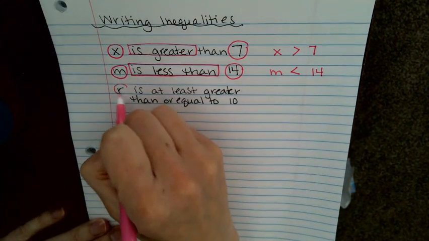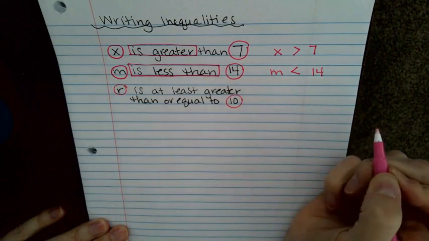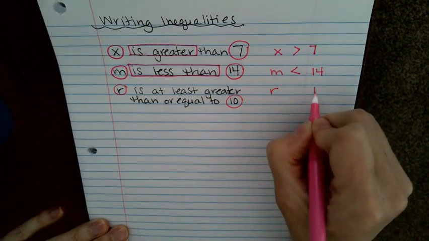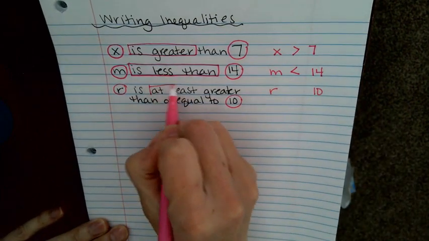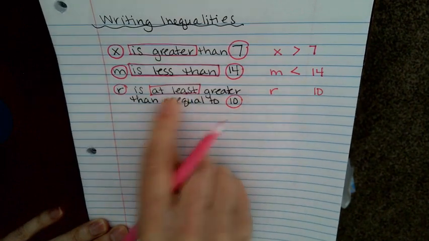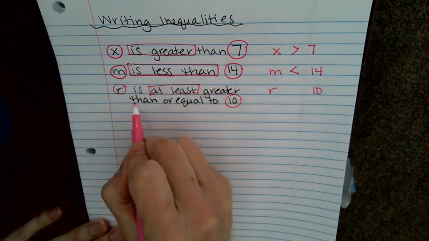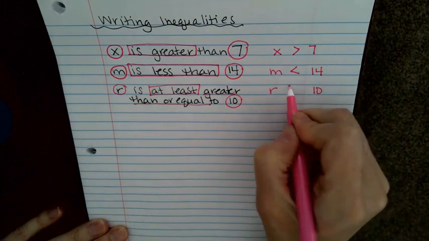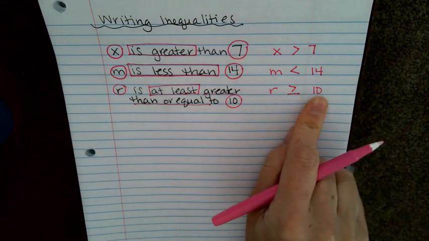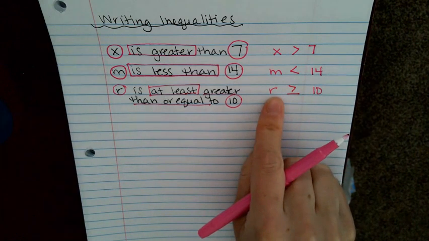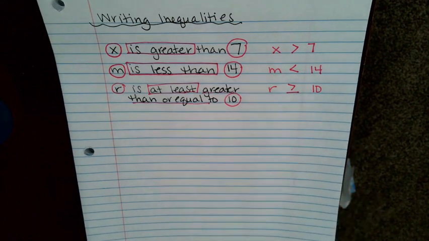So r and 10. At least is the same thing as greater than or equal to. It has to be at least 10 or greater than 10. You can pick a number that's greater than or equal to 10 or at least 10. 11 is at least 10. 11 is greater than or equal to 10.